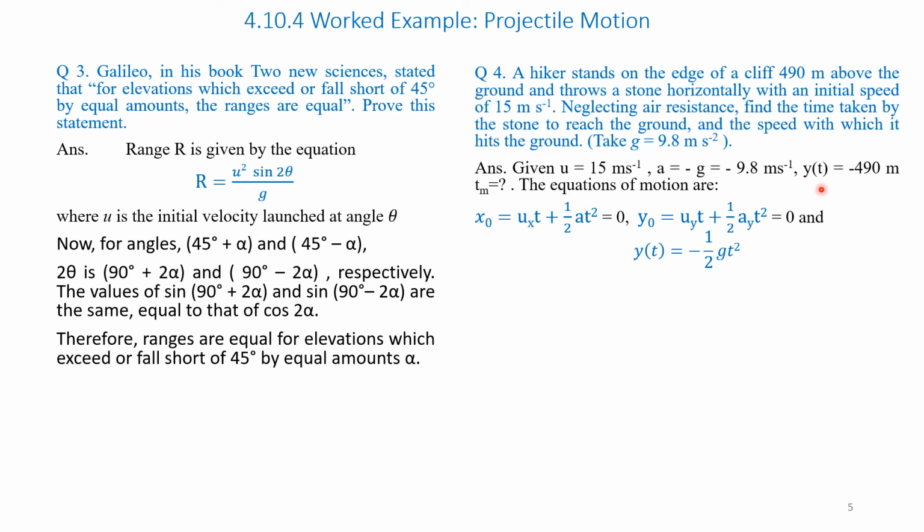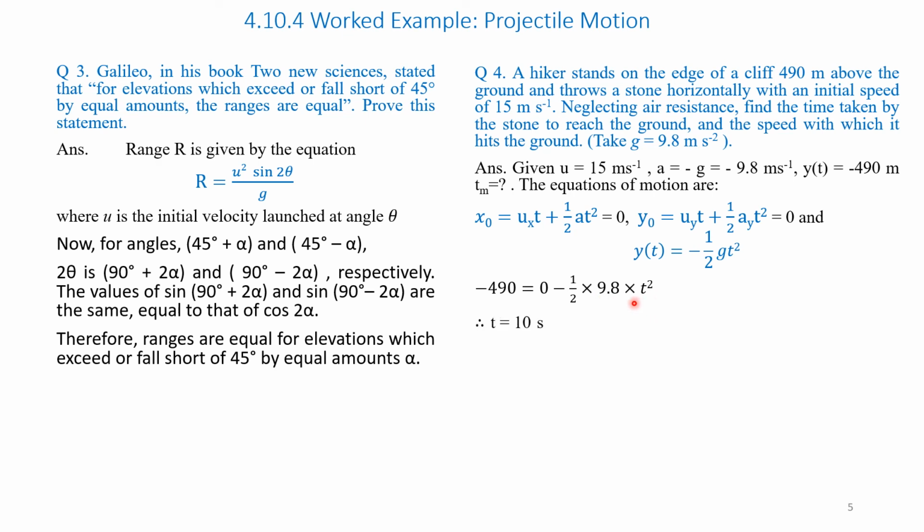Using this equation, we get yt is equal to minus half g t square. Here yt is given as minus 490 meters, so minus 490 equals minus half into 9.8 into t square.